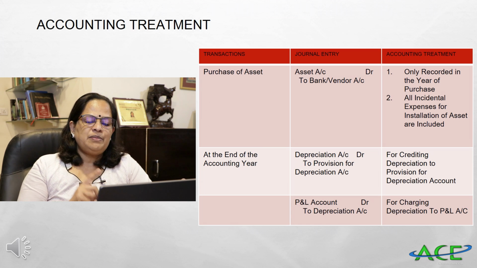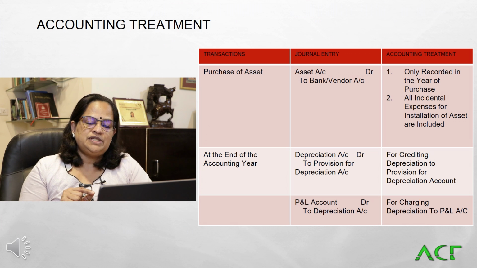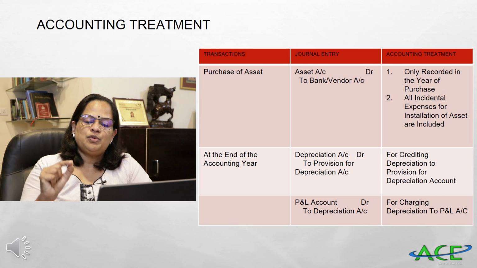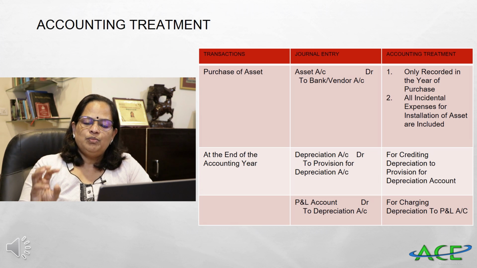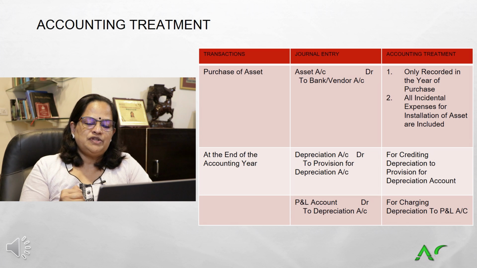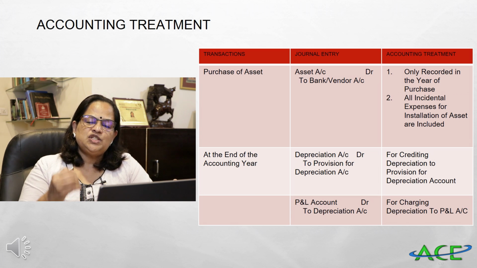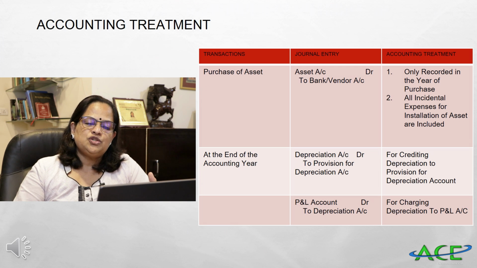You have to charge depreciation, and this depreciation has to be debited to profit and loss account. So depreciation account debtor to provision for depreciation account. Whatever depreciation you are providing, we are crediting to provision for depreciation account. Then this depreciation we are charging to profit and loss account. So the journal entry is profit and loss account debtor to depreciation account.